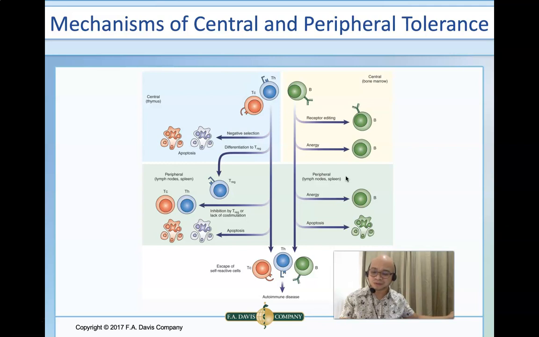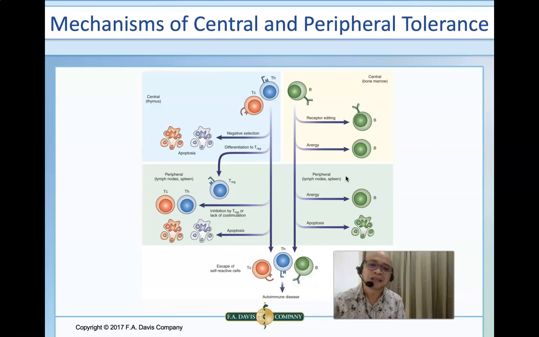If they're able to do such a thing, self-antigens are actually not destroyed. This phenomenon is actually called self-tolerance. As I told you a while ago, self-tolerance is the ability of the immune system to accept self-antigens. And if they're able to accept self-antigen, they will not initiate a response against them.